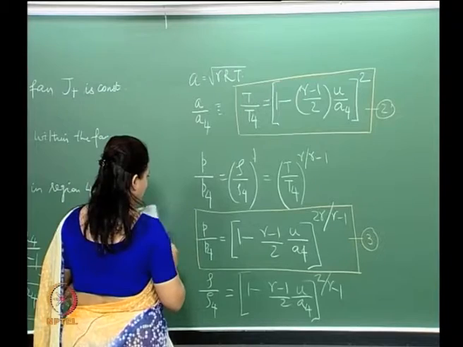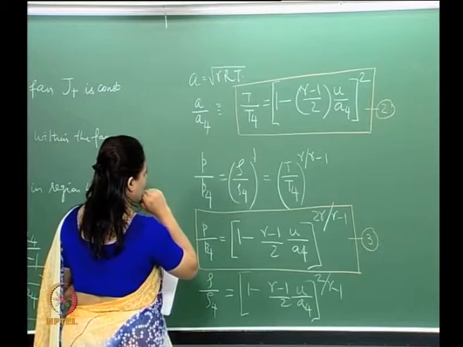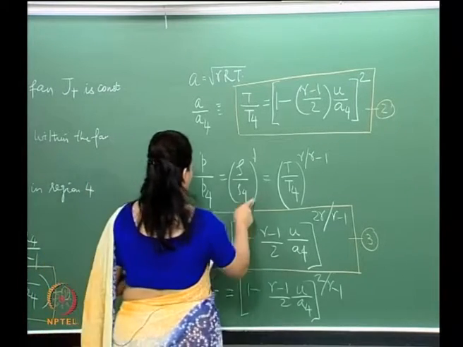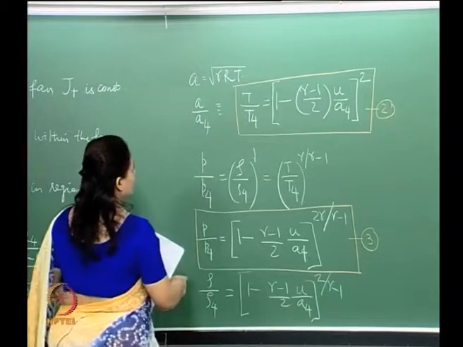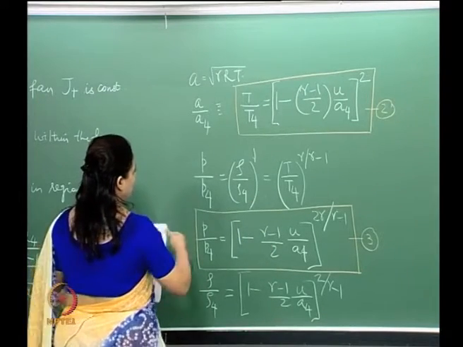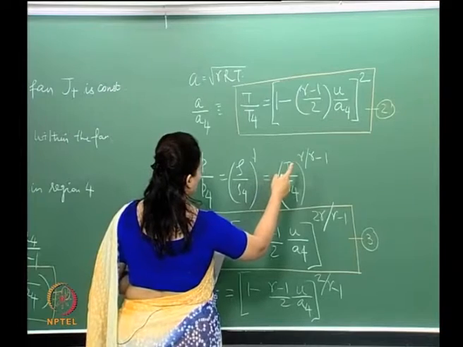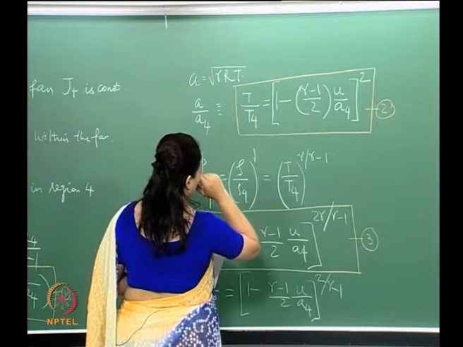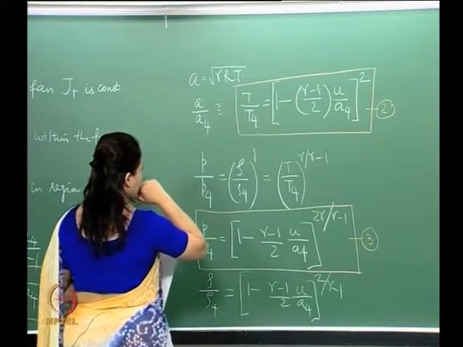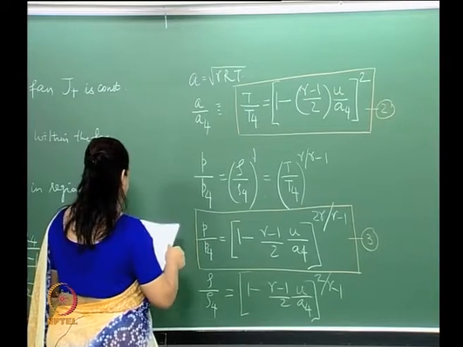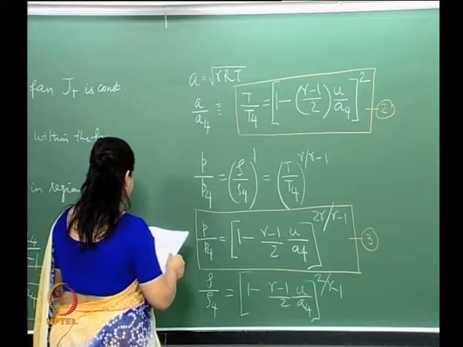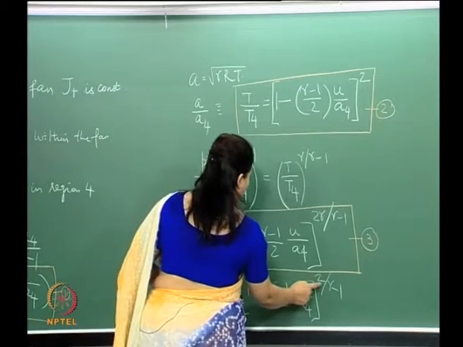I thought this should be 2 by gamma minus 1, to the power of gamma, and rho by rho4 should be equal to 1 by gamma minus 1. I think this should be this.